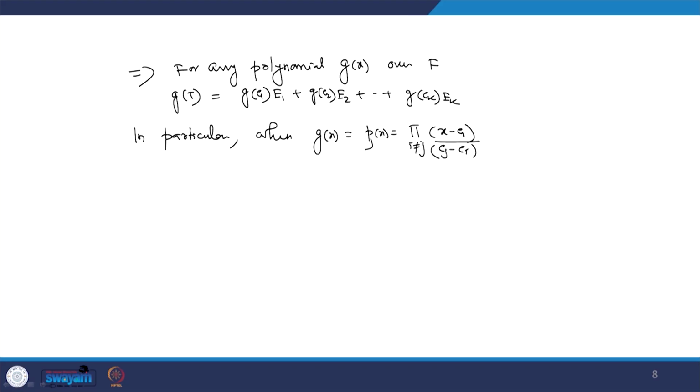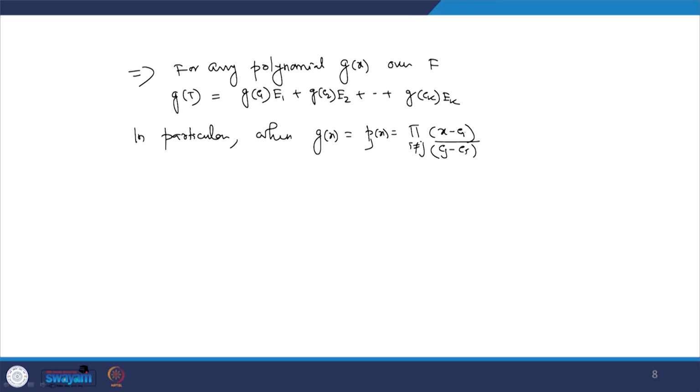I mean (x minus C1) into (x minus C2), (x minus Ck), excluding the (x minus Cj), and the denominator will be (Cj minus C1), (Cj minus C2) and (Cj minus Ck).